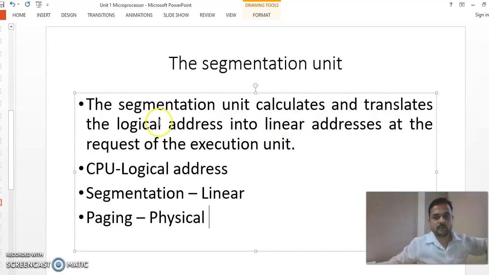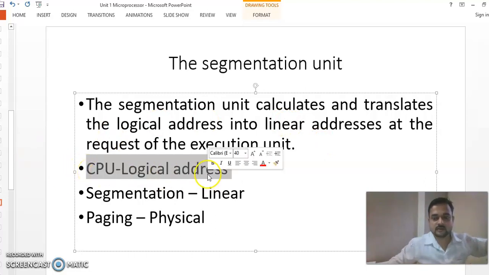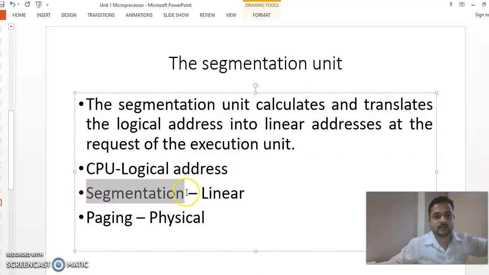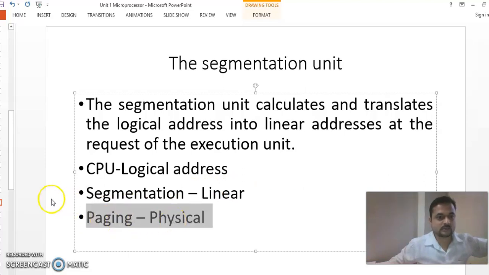So you remember, the CPU, central processing unit, is generating the logical address. This logical address is converted into the linear address with the help of segmentation. Segmentation means unequal size partitions of memory, and paging means equal size partitions of memory. So paging is converting linear address to physical address.